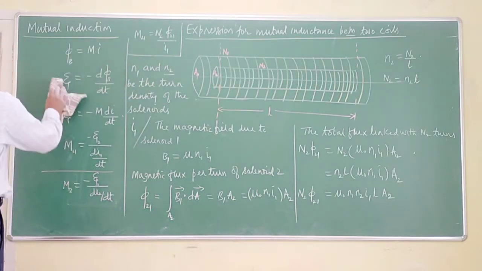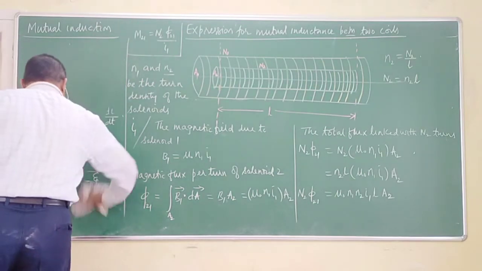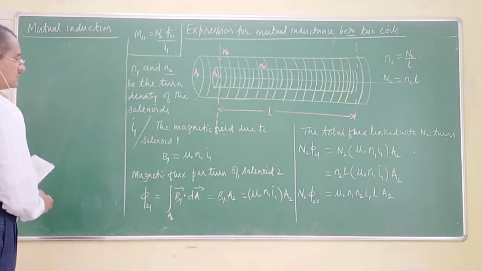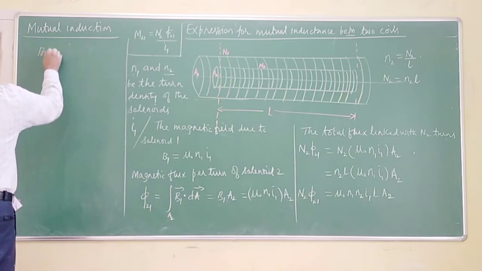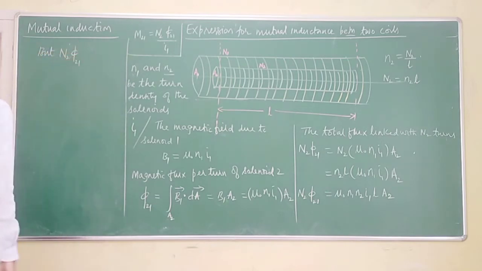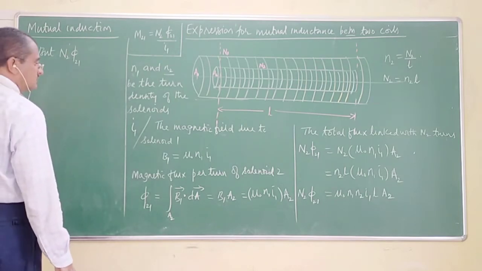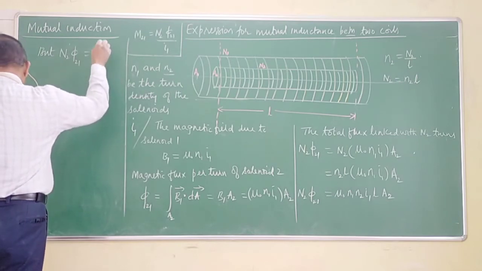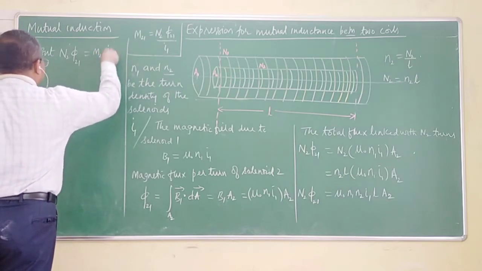If that is okay to you, I'll rub this off. I know N2 phi 21 can also be written as M21 into I1.